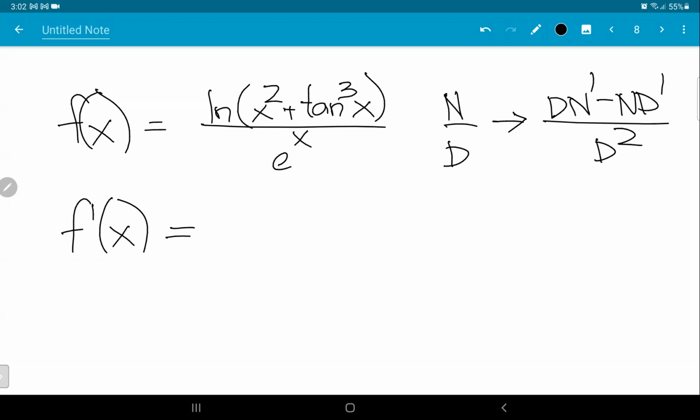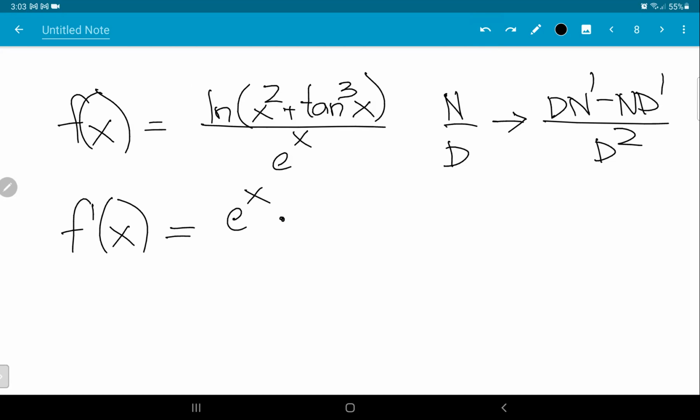So we have e to the x times the derivative of the numerator. Let's focus on that. Now, for this, you need a series of quotient rules.